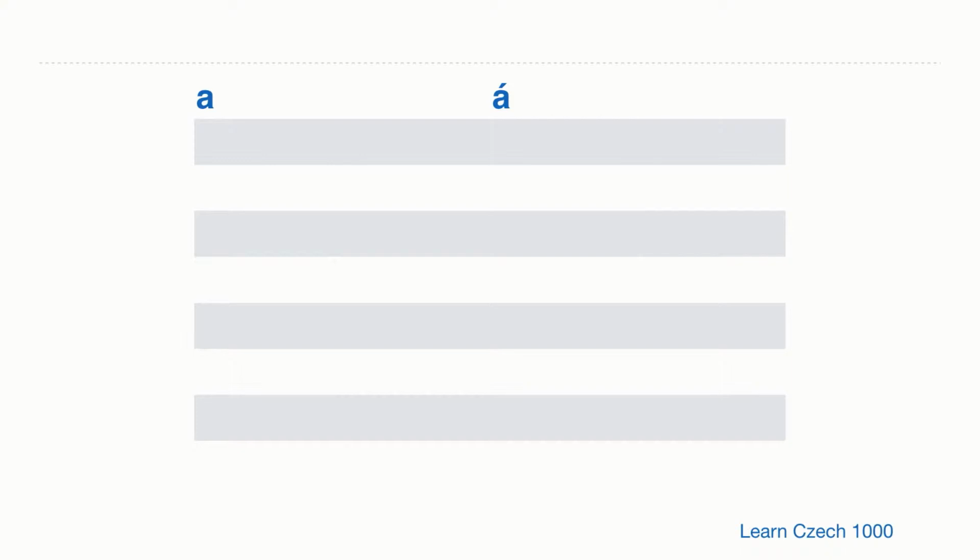Remember that the difference is in the length of the sound. It is not about the stress, it is about the length. This is basically valid for all Czech vowels: A, E, I, O, U, Á, É, Í, Ó, Ú.